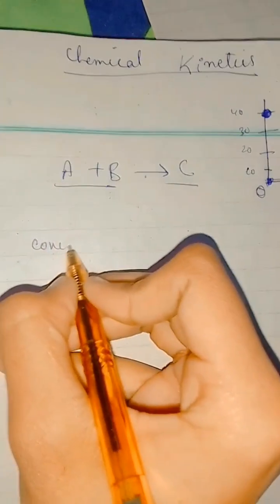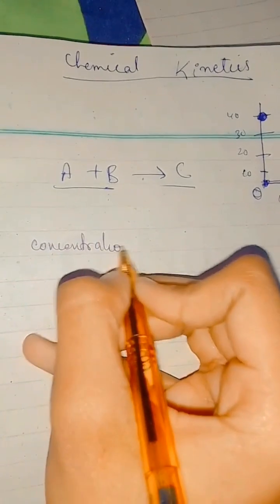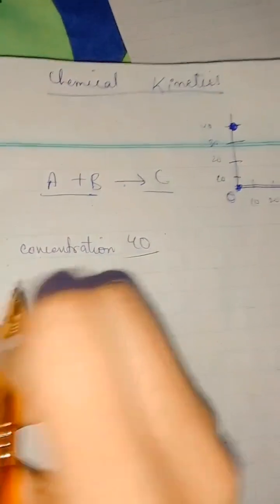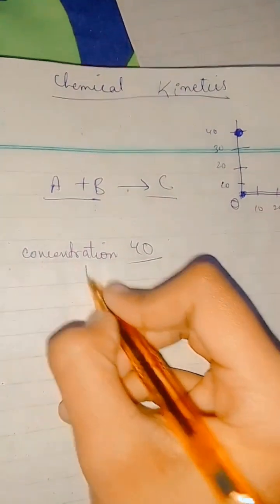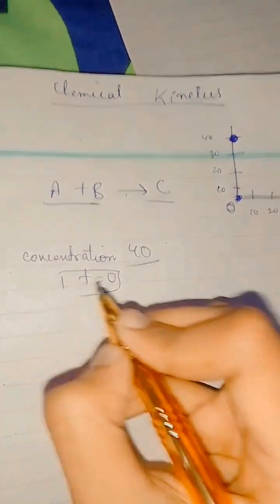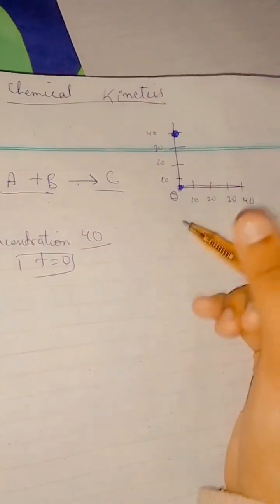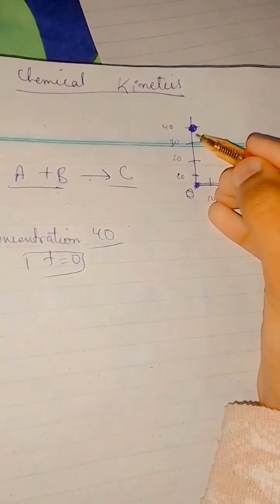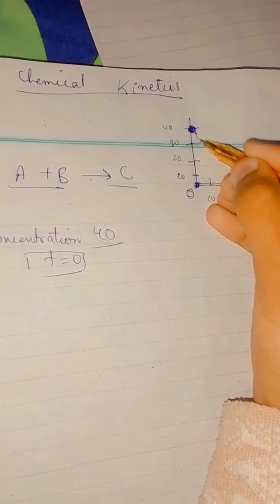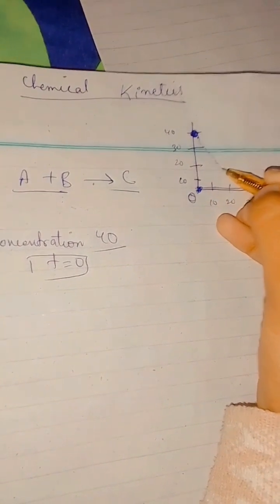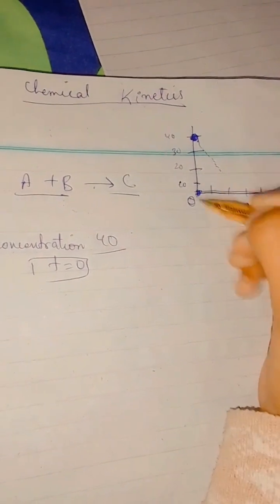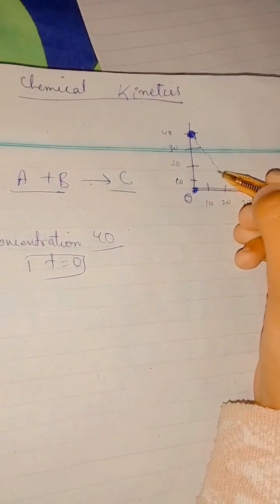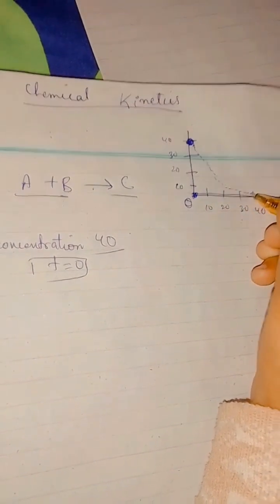If the concentration is totally high, like there is no change yet, the concentration is 40, so the time will be 0. But as the reaction starts and the concentration starts to decrease, the time will increase and the concentration will decrease.